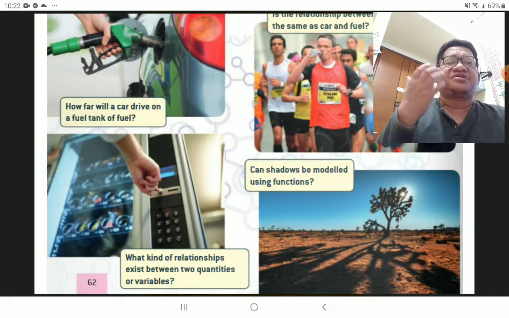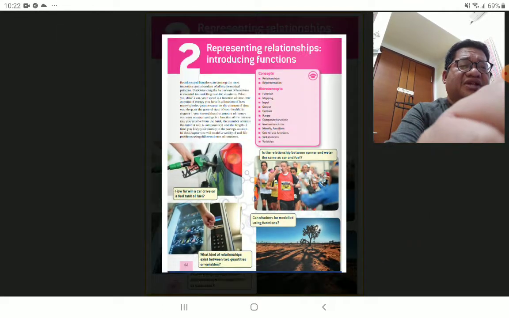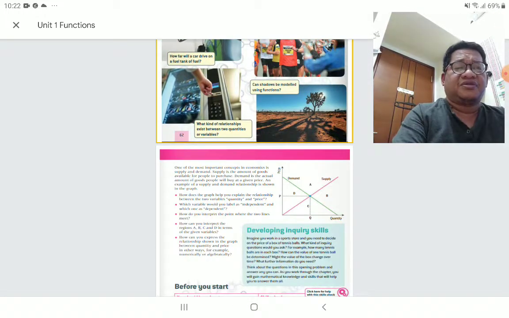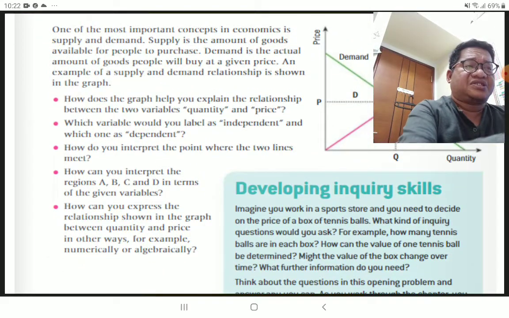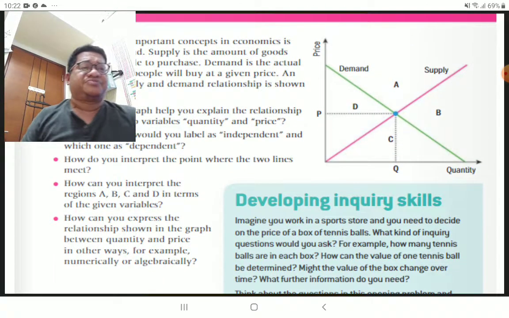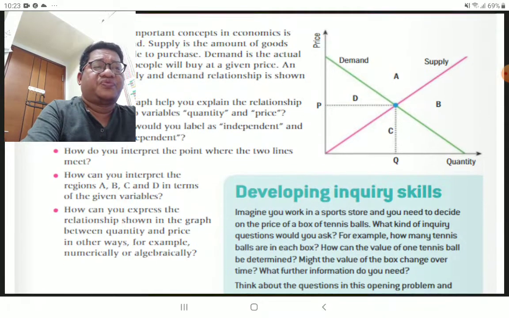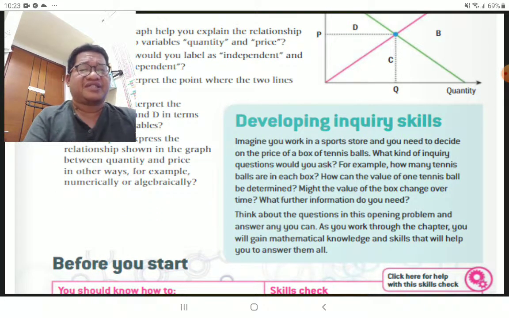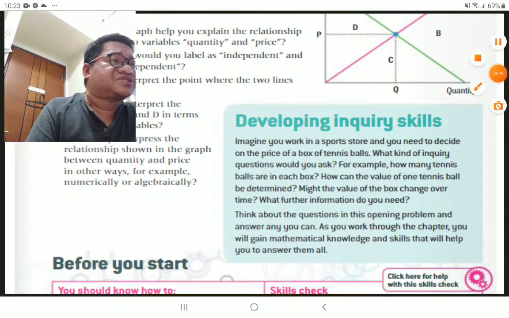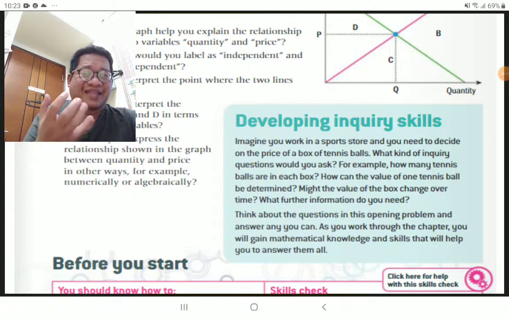It's a universal language by itself, and it explains the phenomena that surround us. In economics, we discussed last time the relationship between demand, supply, and quantity. We are not going to go further into that, but it's good to know that most components of these lessons are more on investigation.